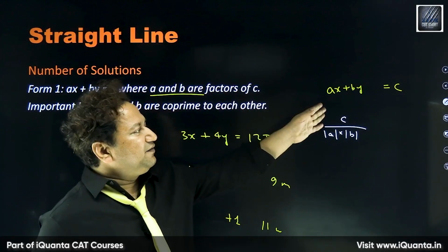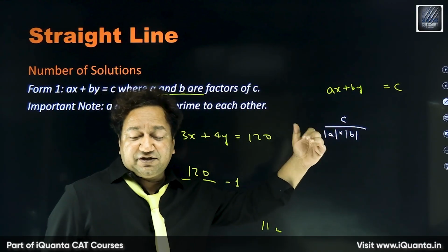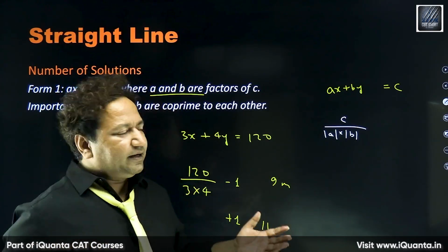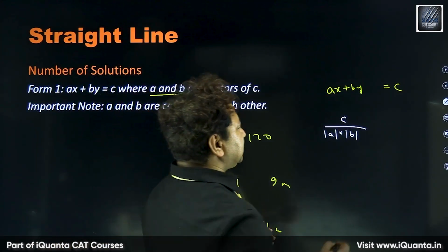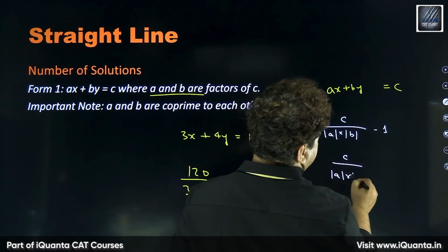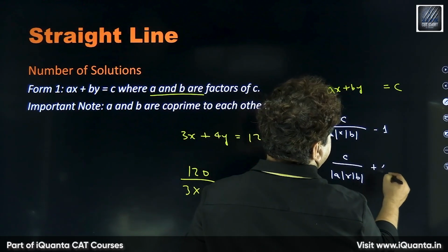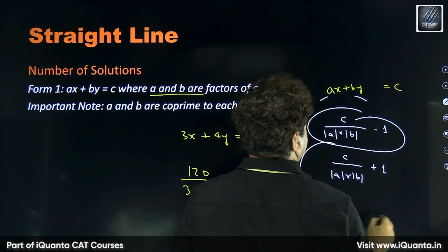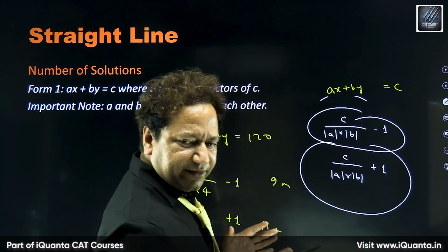If it is minus BY, then we won't be having natural solutions. We'll be having X positive, Y negative. We'll come to that in the real classes, but this is the shortcut. So it's just subtract 1 to find the natural solutions and just add 1 to find the whole solutions. This is applicable when A and B both are positive. If they're not positive, we'll talk about that in the real classes.